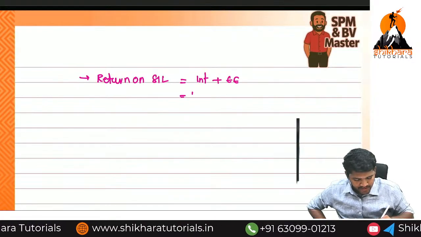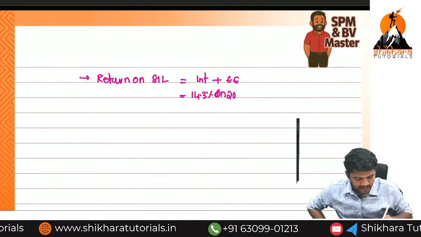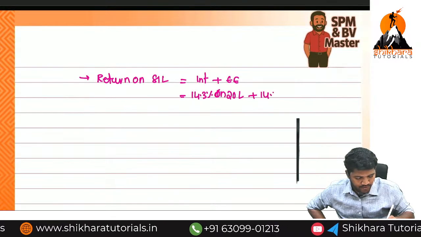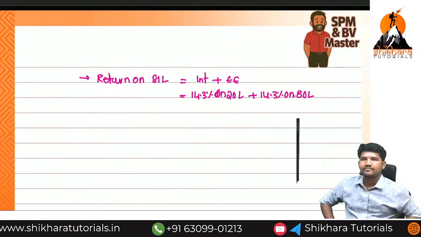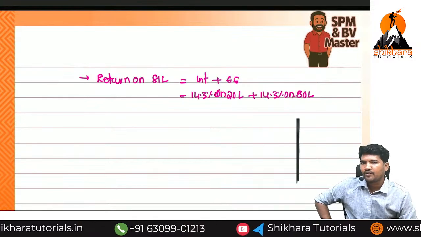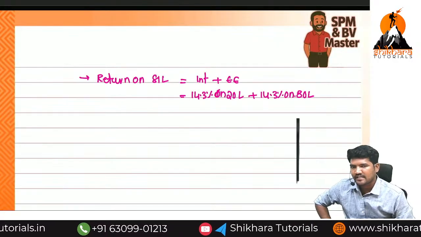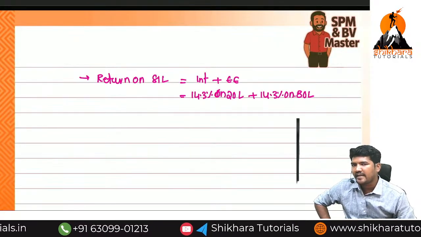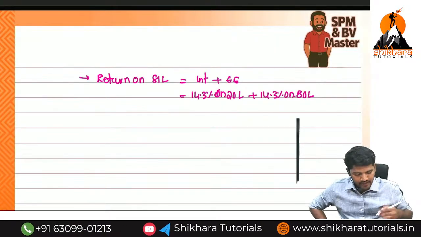When it comes to interest, 14.3% on 20 lakhs plus 14.3% on equity earnings of 80 lakhs. EBIT is 100 lakhs of the company, guys. First settlement to whom? Debenture holder, 20 lakhs I settled. There is no tax in the question. That's why the entire 80 lakhs is whose earnings? Equity shareholder earnings. I will share. Now what is the total earning share?